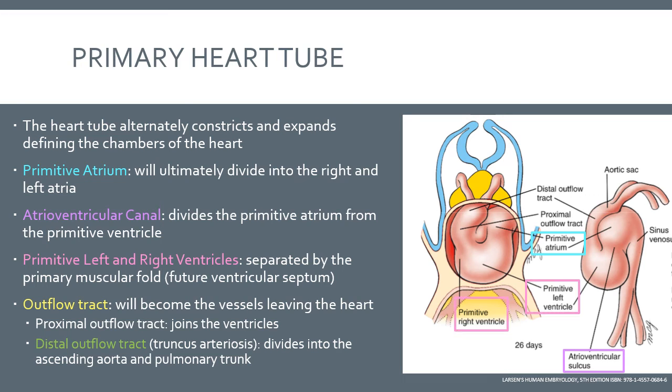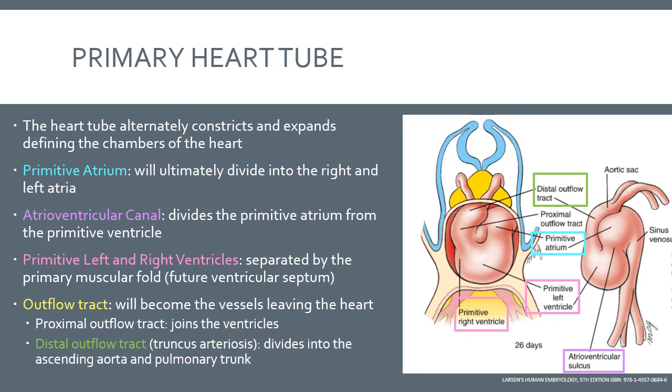Okay, but we also have the primitive left and right ventricles. There's not much defining them on the surface, but inside there is a muscular septum that's starting to develop between the two of them. And then we have the outflow tract. Okay, now the outflow tract is sort of defined by two sections, the proximal and the distal section. It will become the vessels that flow out of the heart.